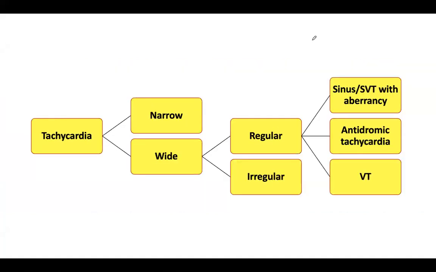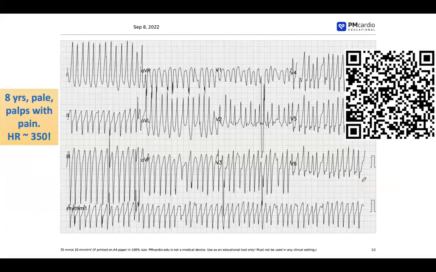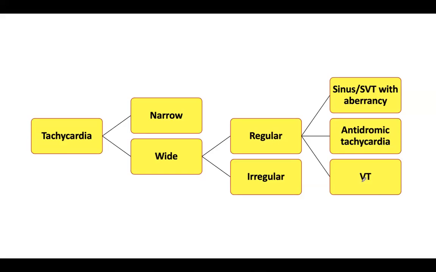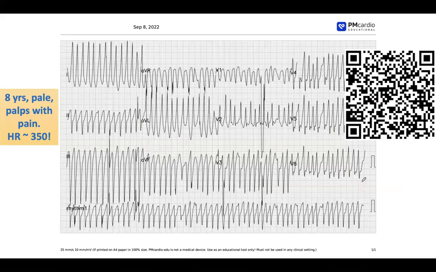Okay, so we talked about sinus with aberrancy, SVT with aberrancy, antidromic tachycardia, and VT. I showed the example of each. And then when the rhythm strip is irregular and wide, like in this patient, 8 years old, pale, with palpitations, very rapid heart rate.